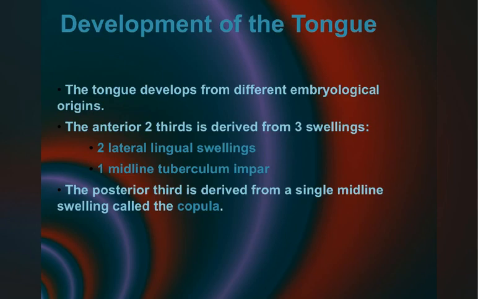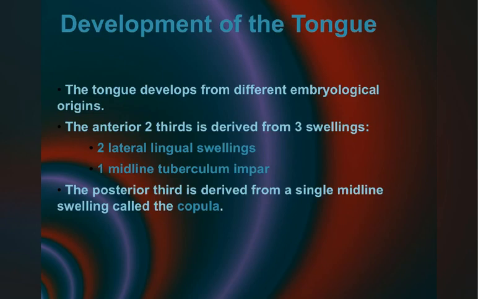The epiglottis, which is located posterior to the most posterior part of the posterior one-third of the tongue, is derived from the fourth pharyngeal arch. And the innervation follows the origin.